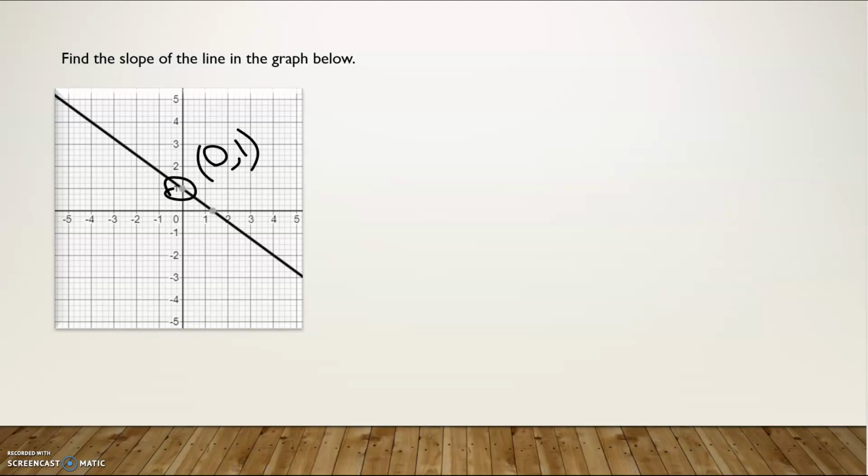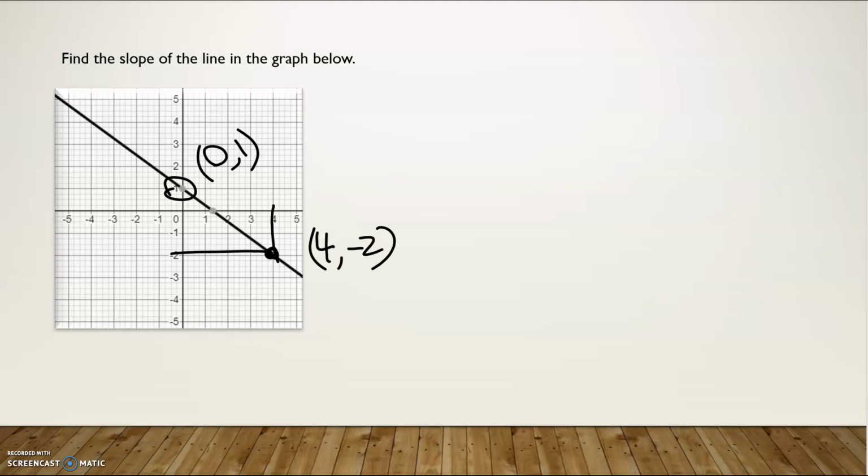So I wouldn't pick this one right here because that's almost halfway between 3 and 4, and it looks like it's just a little bit above or below -2. So I'm going to choose this point right here. Notice that's at 4 and -2.